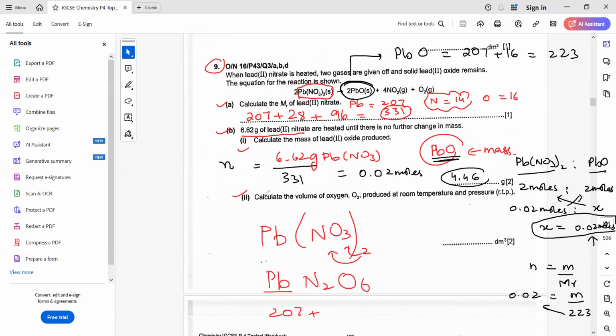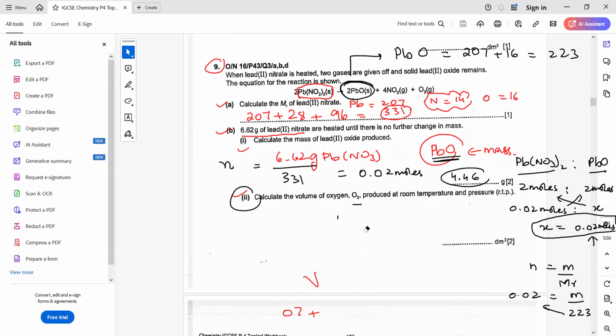Let's try part two. It says calculate the volume of oxygen produced at room temperature. So for that, we need to relate lead nitrate with oxygen. So actually, we have lead nitrate with us, that's PbNO3, and oxygen.